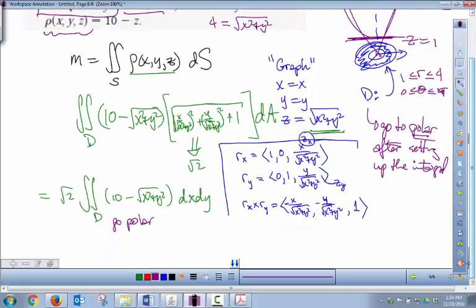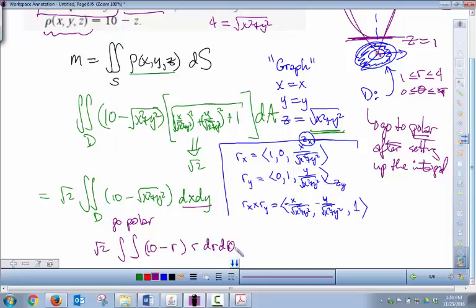So our polar coordinates then will be a double integral. It'll be 10 minus r, right? Because it's the square root of x squared plus y squared, the square root of r squared. Now, whenever we change to polar coordinates, our dx dy is going to come up with an extra r, dr d theta. R goes from 1 to 4, or 2, or 4.